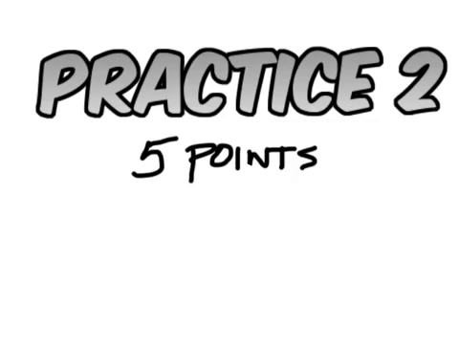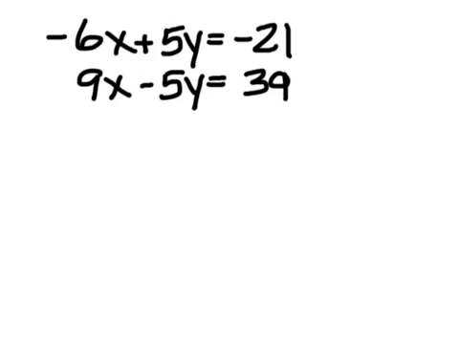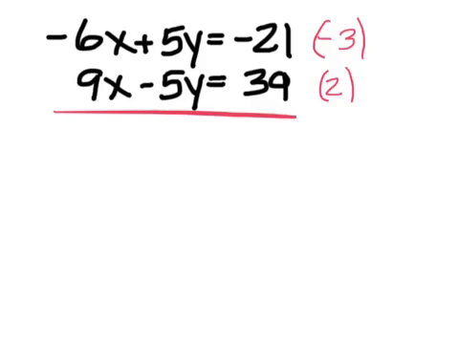Practice number 2. Alright, the lowest number that both negative 6 and 9 will go into is 18. So you should have multiplied by negative 3 here, and then 2 on the bottom. The top equation is 18x minus 15y equals 63.